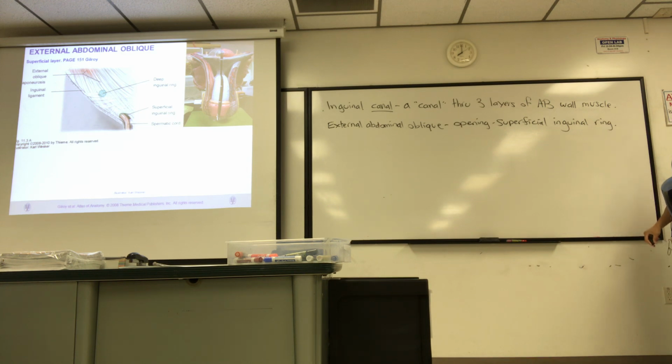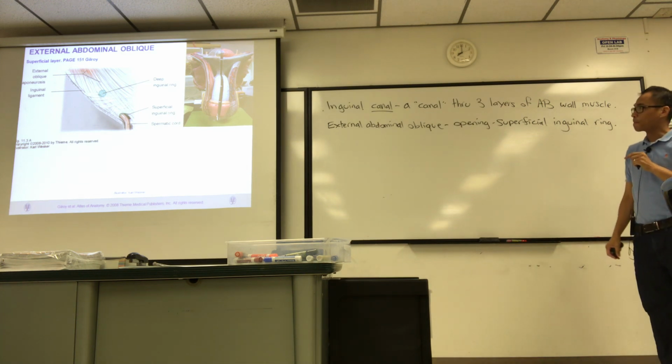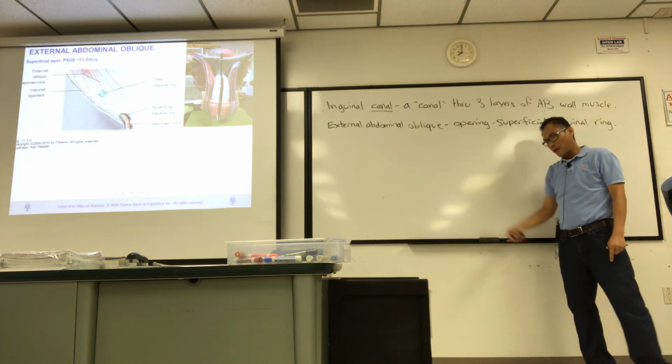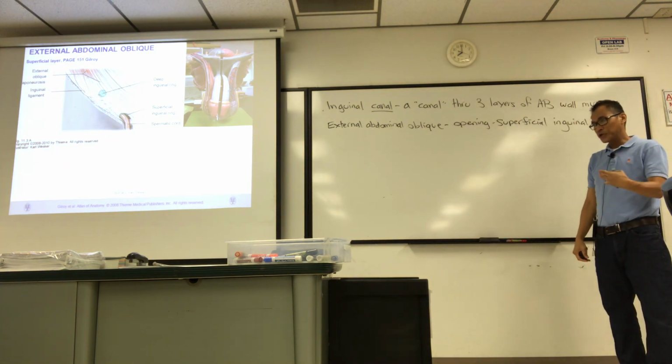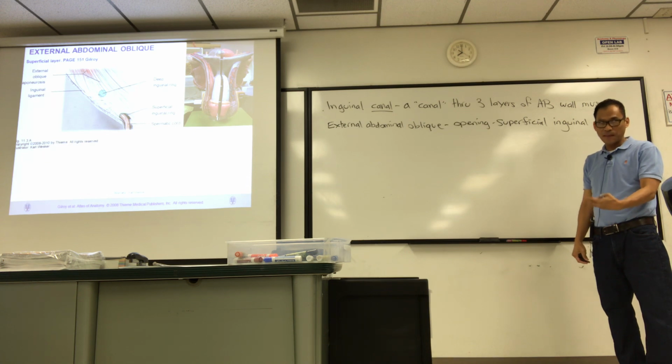You should also know that there are connective tissue fibers from this muscle layer that help form a sheath around the spermatocord and testes, and it's called the external spermatic fascia.